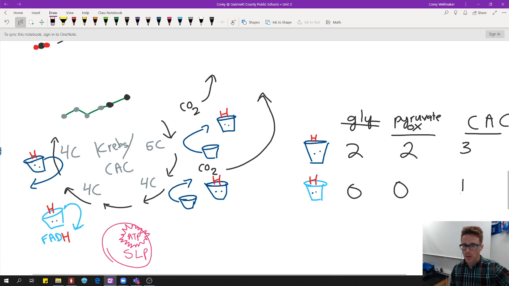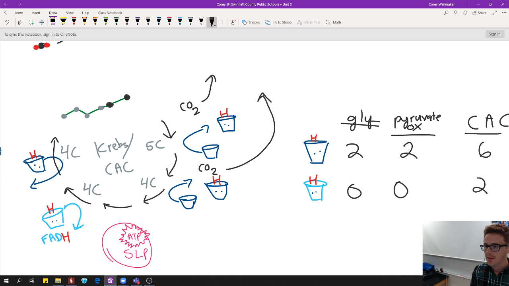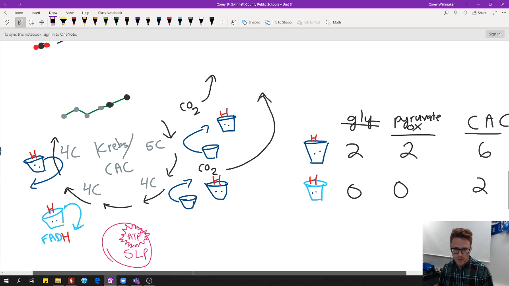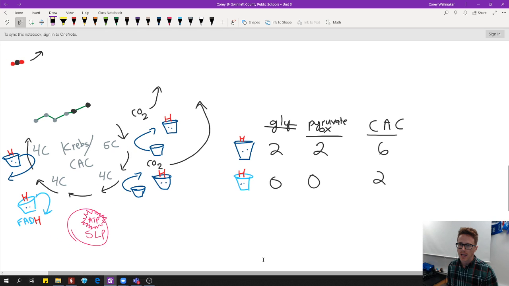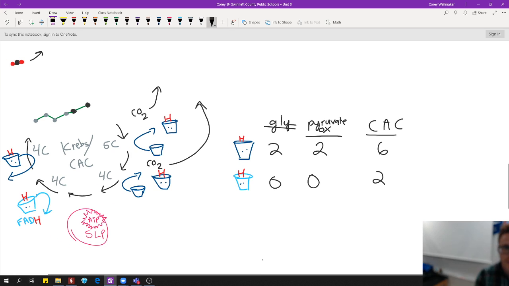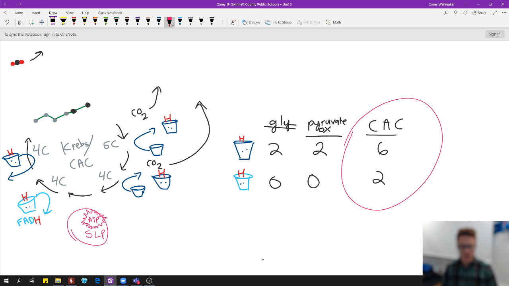So there's actually 2 turns here. By the time this is all said and done, we have 6 NADH and 2 FADH2. So hopefully these numbers make it clear that a major objective of the citric acid cycle is to generate a whole bunch of these high energy electron buckets, strip these high energy electrons away.